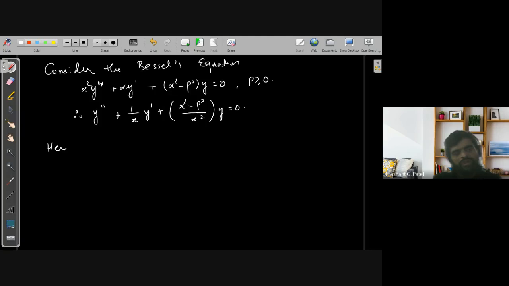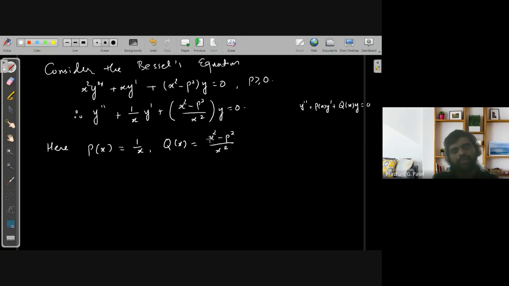So hence here we have p of x. If you compare this equation with y double dash plus p of x y dash plus q of x y equal to 0, we'll have p of x is 1 by x, and q of x is x square minus p square by x square.